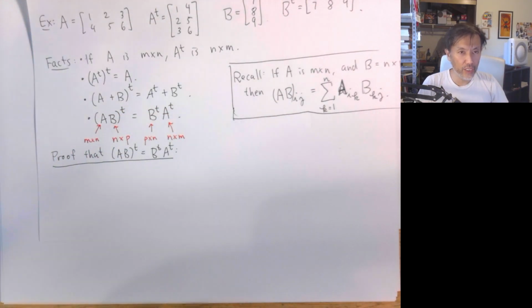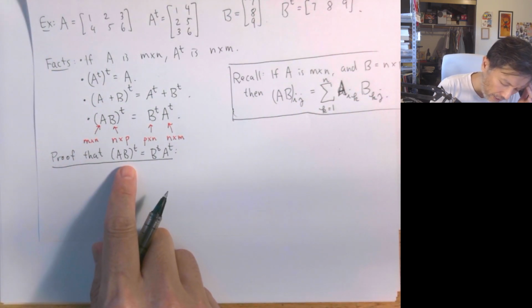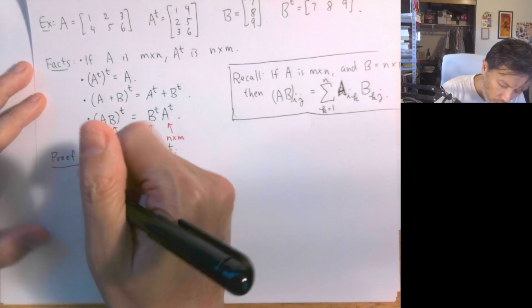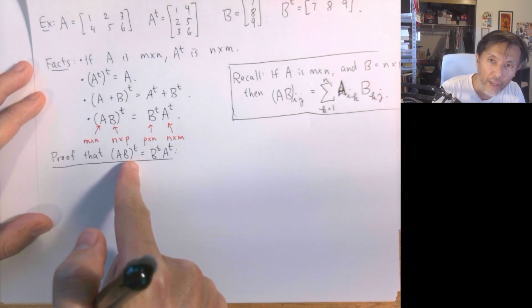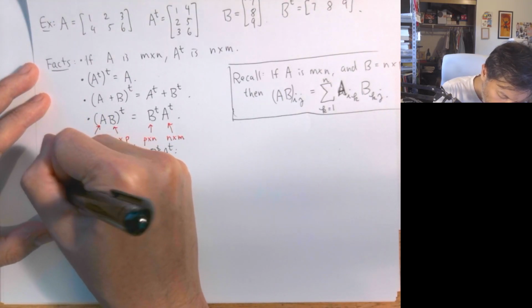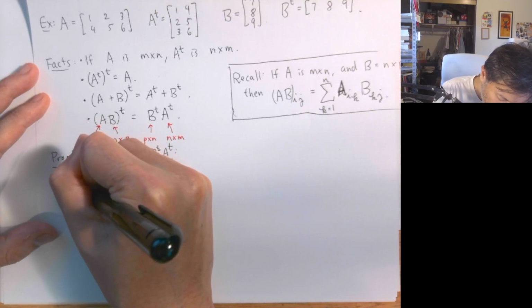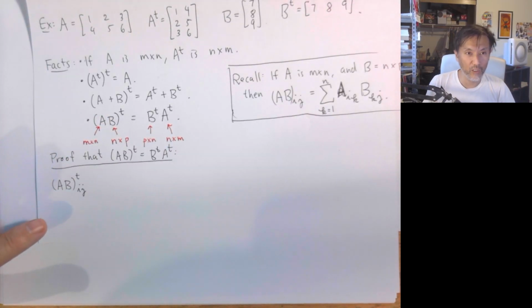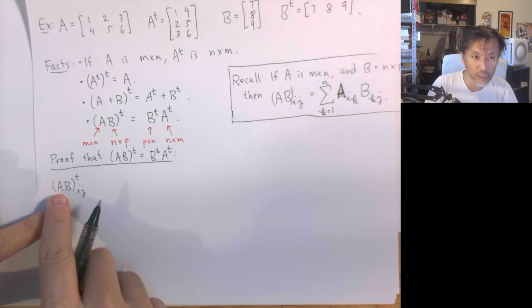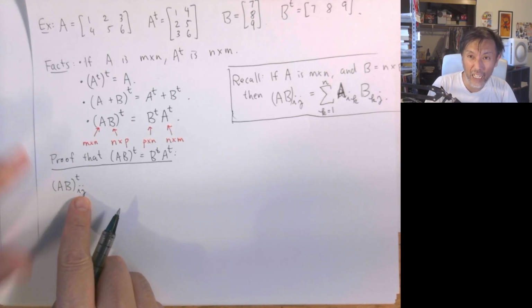And this is really just working through this definition here. Let's look at what the ij entry of (AB) transpose is. This means I'm taking the transpose of the product of A and B, and looking at the ijth entry of that.